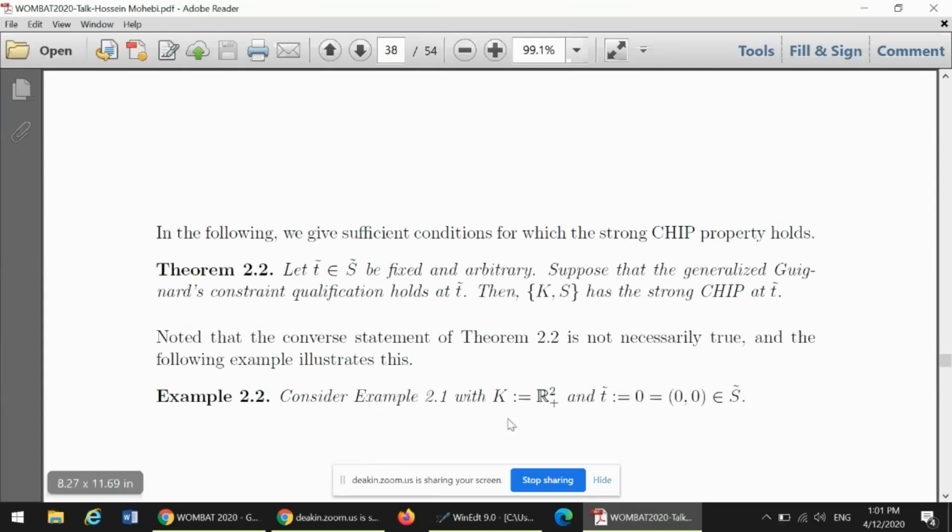In the following example, K and S in example 2.1 satisfy a strong CHIP property, but the generalized Slater constraint qualification does not hold. So the converse to theorem 2.2 is not necessarily true.